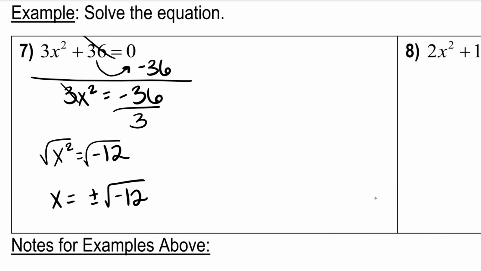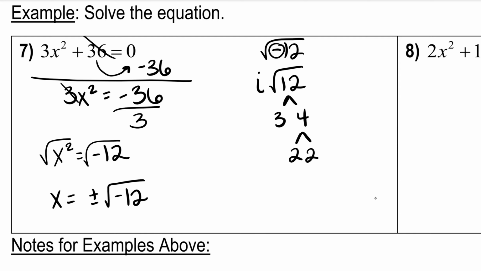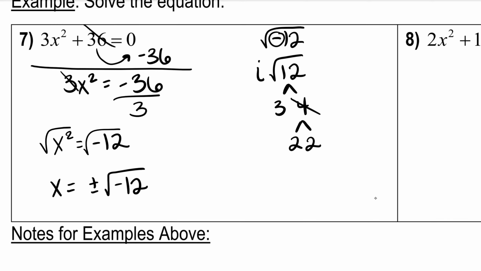Now I can't leave it like that. So if I go over here, I have all this room. If you remember the shortcut that we do, the negative comes out and becomes i, square root of 12. And now I can split this up. So I have 3, 4, that's 2 and 2. Again, I look for pairs of numbers.